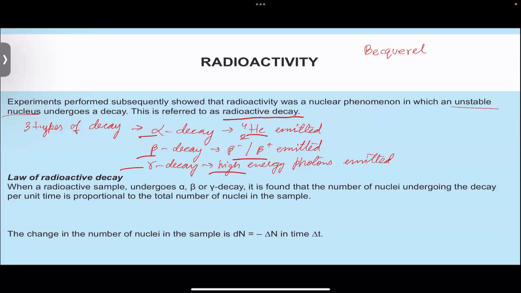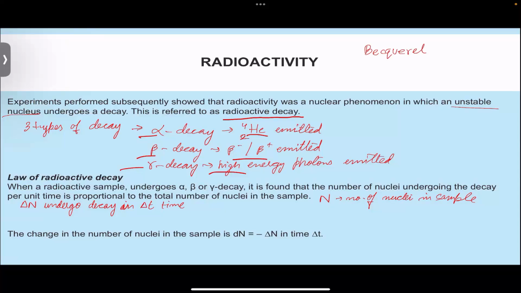So say N is the number of nuclei in the sample, and ΔN nuclei undergo decay in time Δt.